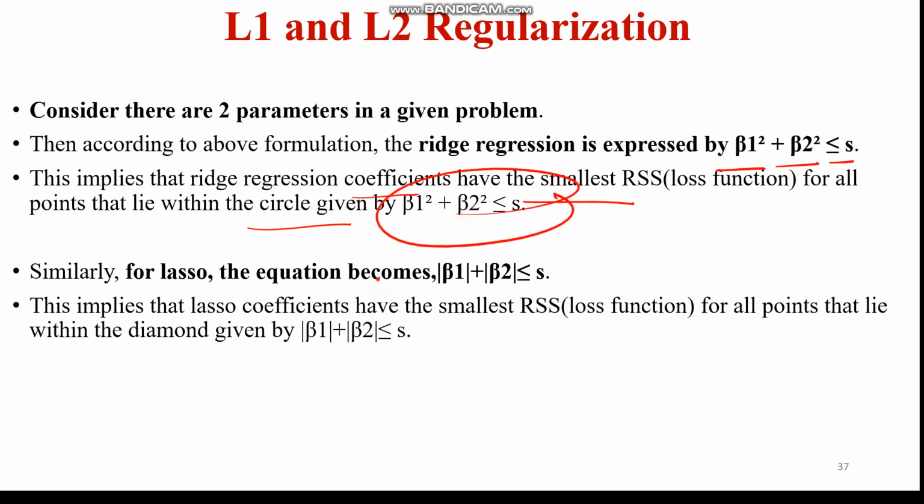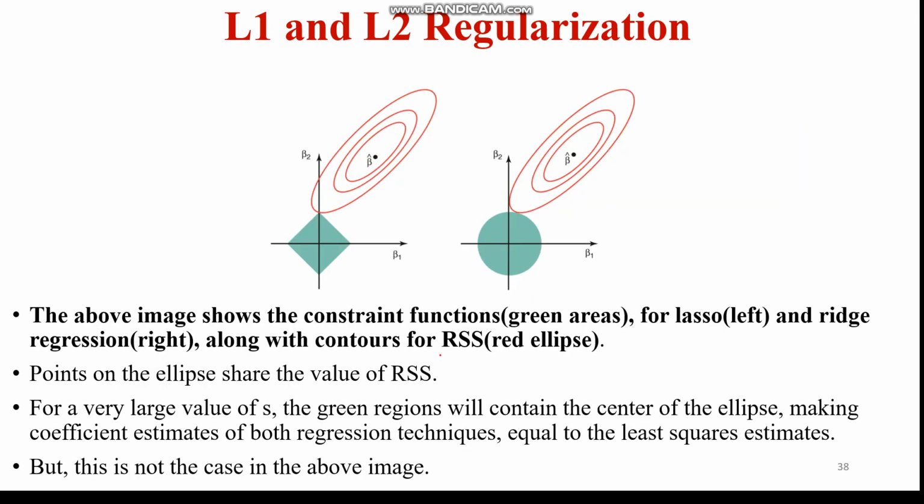And when we talk of lasso regression, the equation becomes the absolute value of beta 1 plus the absolute value of beta 2. Now we are taking the absolute value rather than the square. In ridge we have taken the square, and in lasso regression we have taken the absolute value. So it implies that the lasso coefficients have the smallest RSS for all the values in that region.